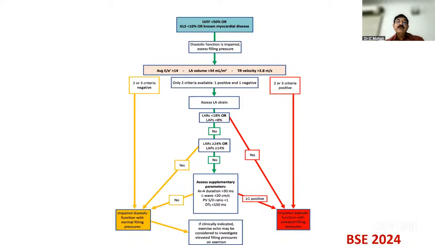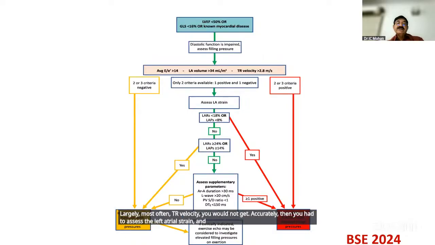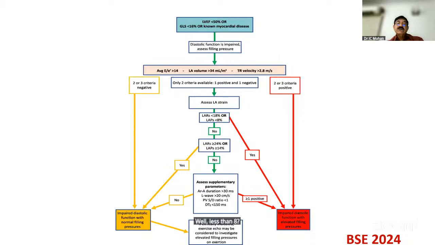Now, if all three could not be assessed and you could assess only two, most often because TR velocity you would not get accurately, then you had to assess the left atrial strain. And if the left atrial reservoir strain was less than 18 or left atrial contractile strain was less than 8, one of the two.